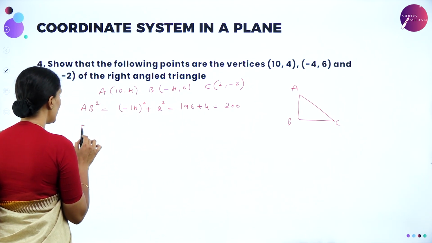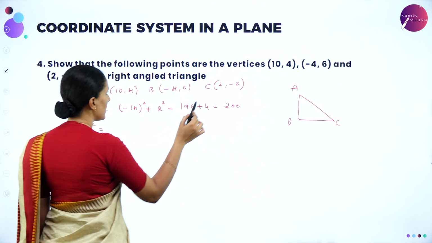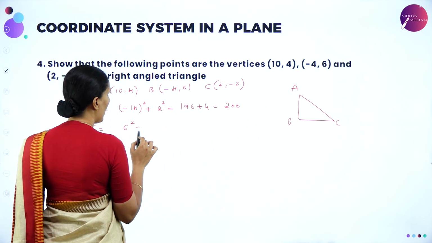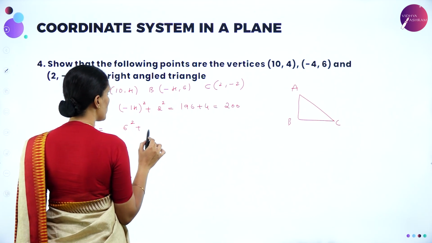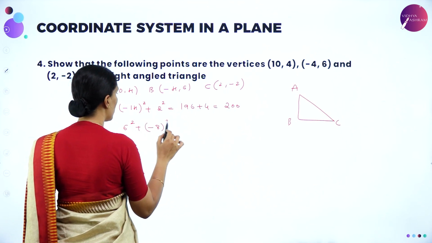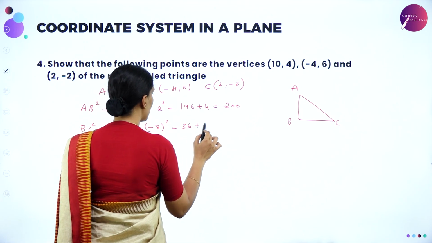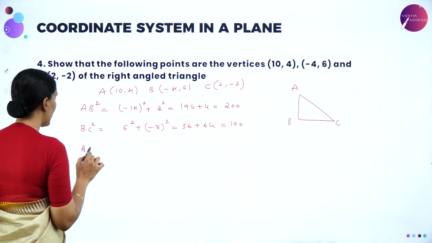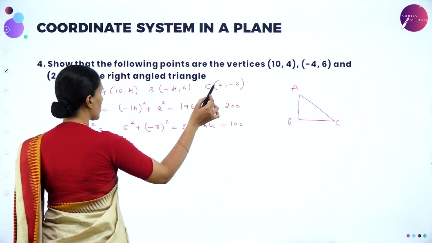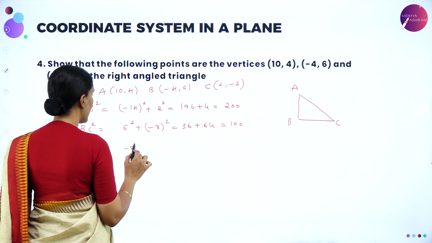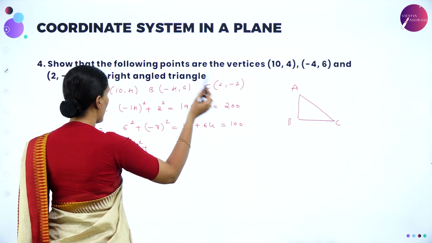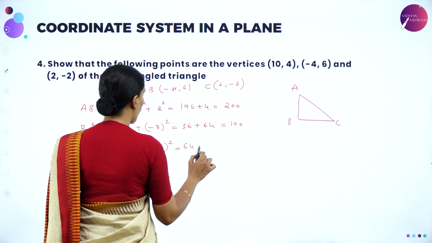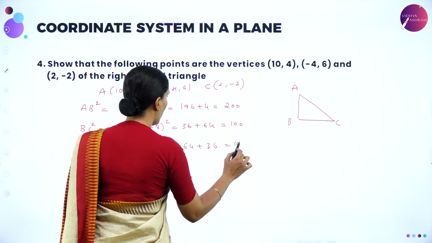Next BC square is (2 plus 4), 6 square, plus (minus 2 minus 6), which is minus 8 whole square. So 36 plus 64 is equal to 100. Next we calculate AC square: (2 minus 10), minus 8 whole square, plus (minus 2 minus 4), minus 6 whole square, which is 64 plus 36, equal to 100.